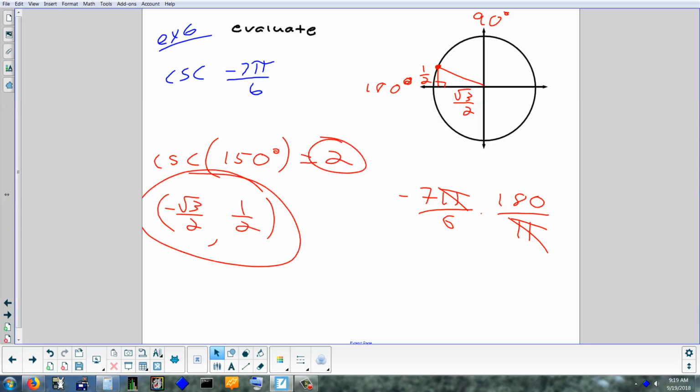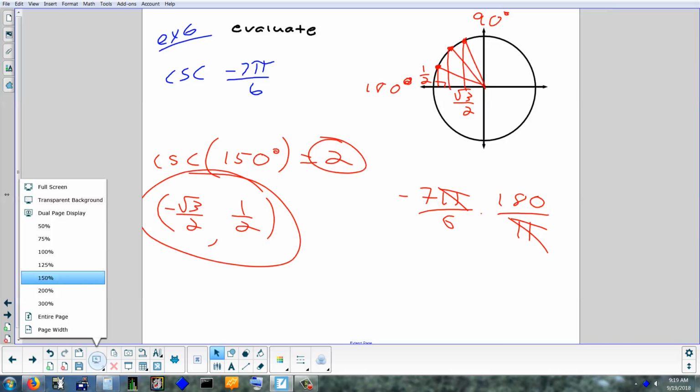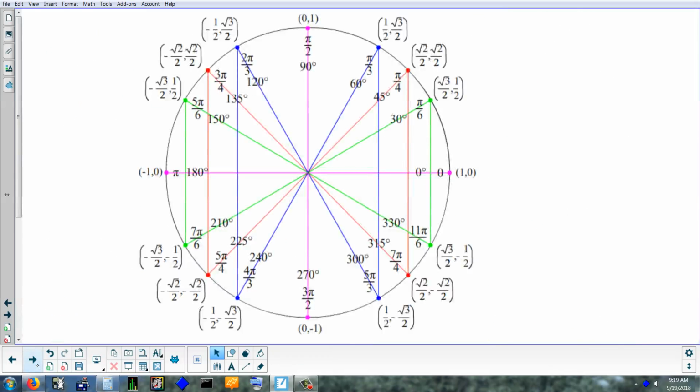So I'm going to put up the chart that shows you every angle at the same time. It looks a little confusing because they draw every triangle that you can have in every quadrant at the same time. But I'm just trying to show it to you so you can see the patterns, which I think we already kind of see anyway. So if you look at the 45s, root 2 over 2, root 2 over 2, root 2 over 2, root 2 over 2.